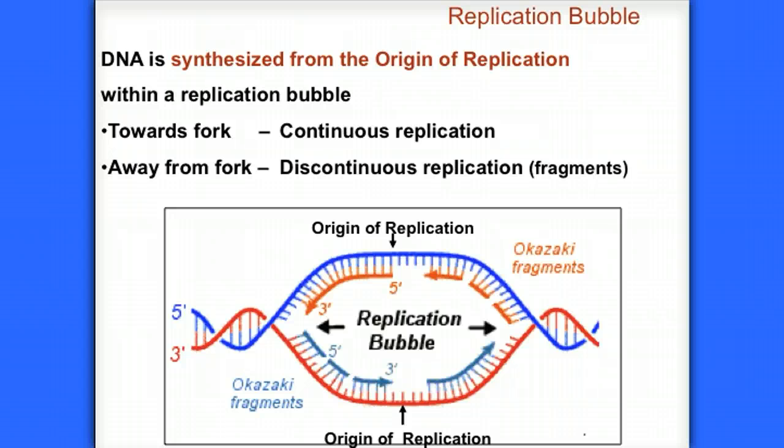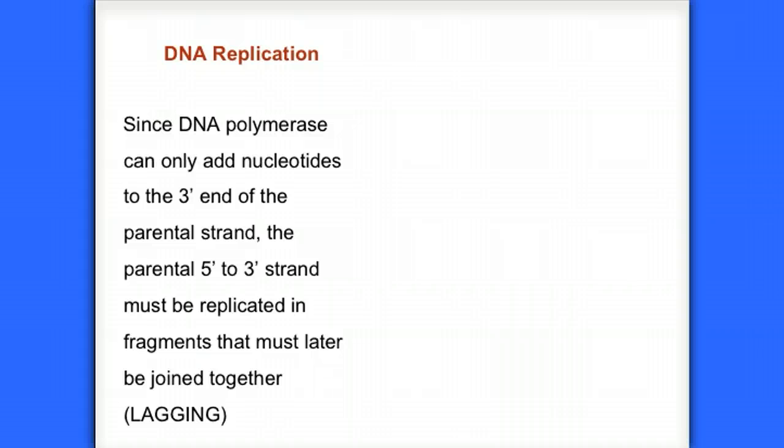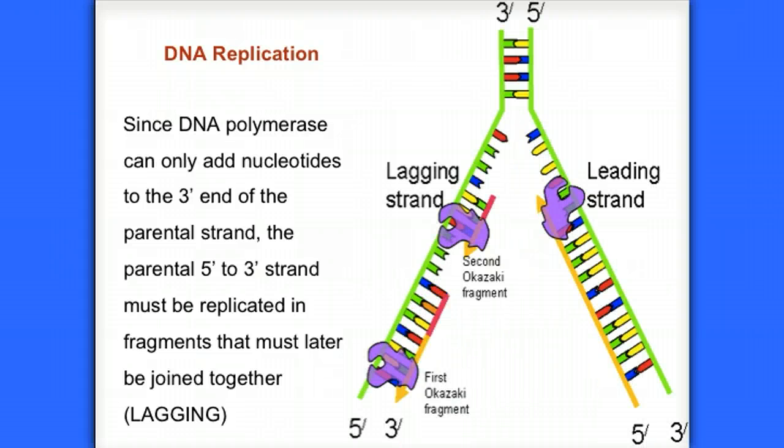And these small bits of segments, or complementary strands that have been formed, are referred to as Okazaki fragments, which will be joined by the enzyme ligase later on. Okay, here it is.